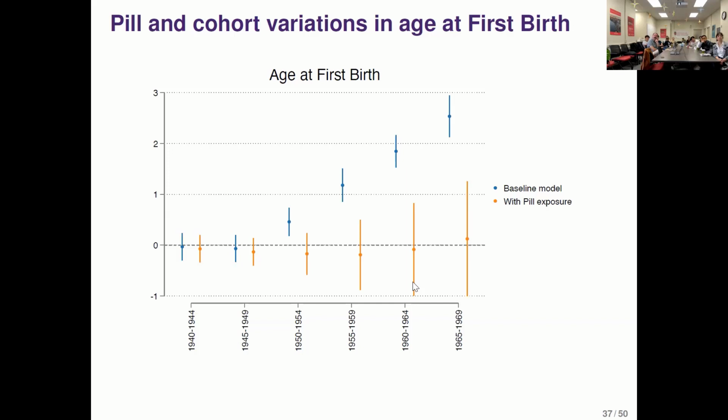And this is, we think, a kind of naive moderation analysis in which we see how much the cohort effect is moderated by the inclusion of the pill. What is striking and very interesting for us is that when we include the pill in the model, we basically explain all the cohort variation for age of first birth.